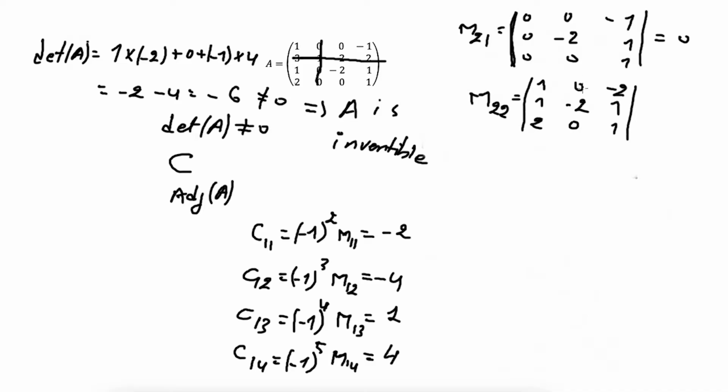So we will write these two columns here, 1, 1, 2, and 0, minus 2, and 0. So this determinant will be the sum of the products of these elements plus these ones plus this one. So it will be equal to minus 2 here, and here 0, and here 0. So minus this element here, and this element here, and this element here. These are zeros because we have here 0 and here 0.